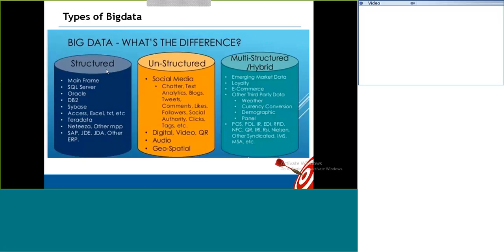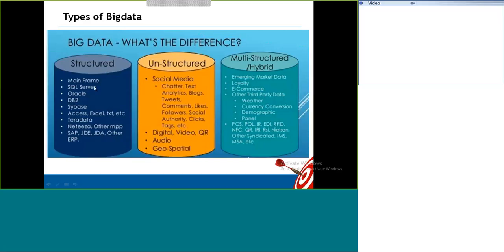That is not structured, so you have to make it structured by applying some programming languages. You have to clean up the data and then prepare some structured data. That way, data is generated from different sources in different formats: structured, unstructured, multi-structured, or hybrid, like semi-structured.